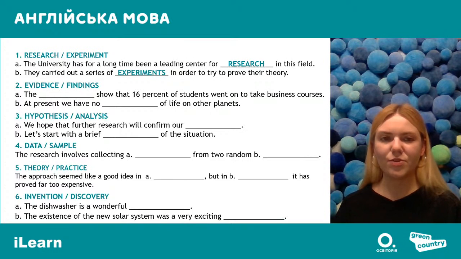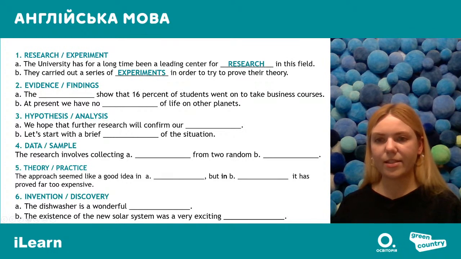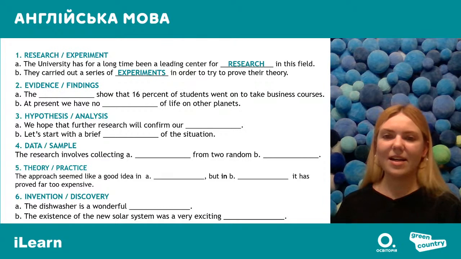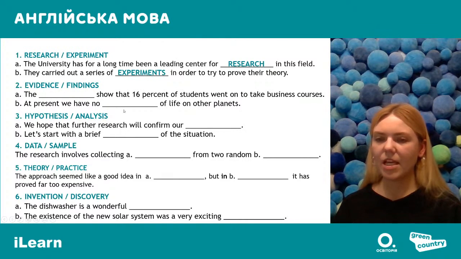And the same with research. We can do research, we can conduct research, or we can carry out research. Одразу запам'ятовуємо, які дієслова вживаємо з цими іменниками. Then number 2, evidence, докази, findings, знову ж таки, результати чогось. And the findings.